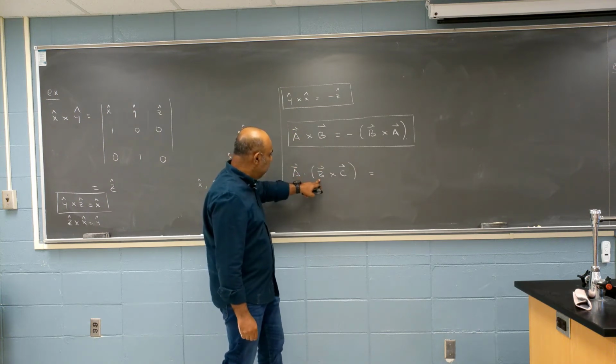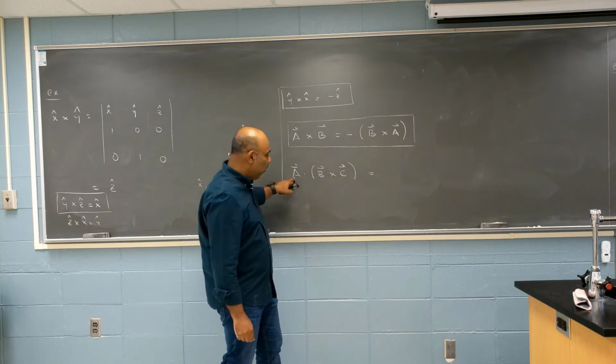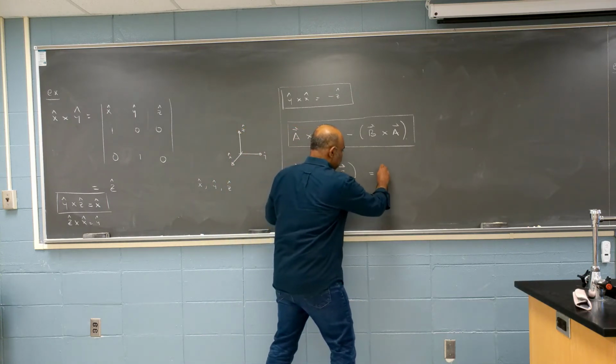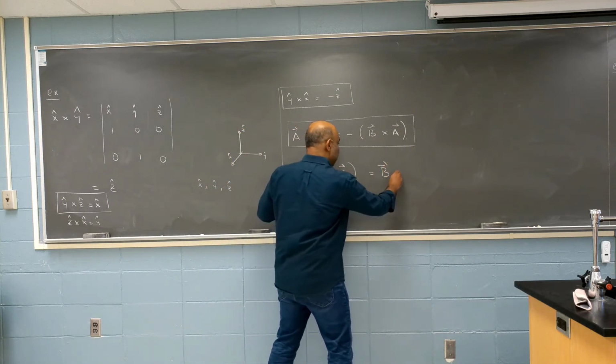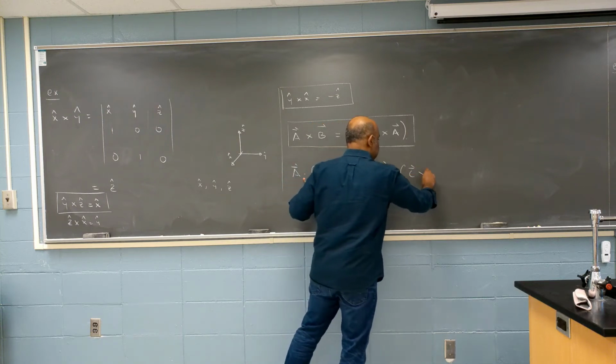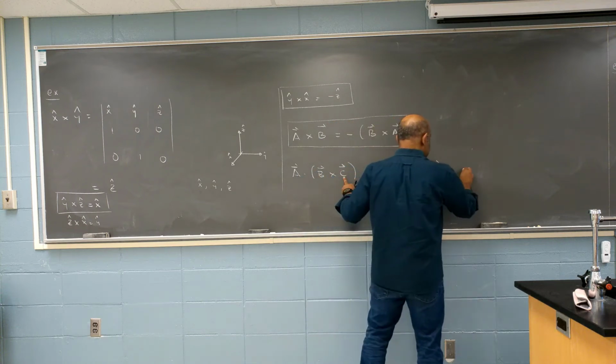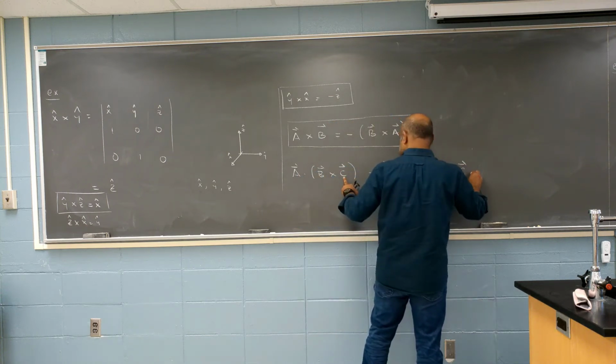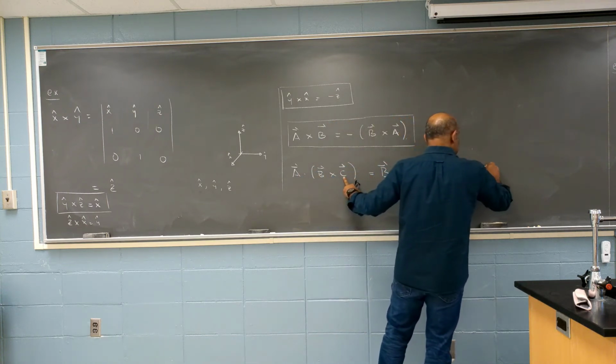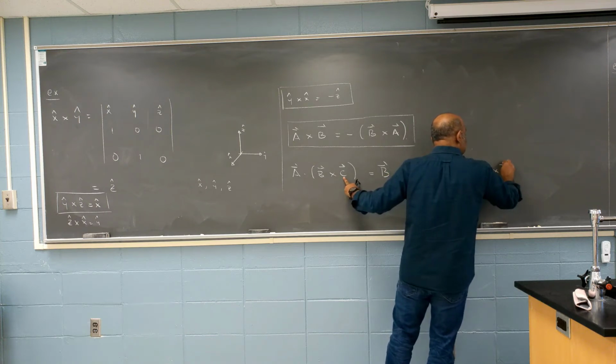Start with B, and then go to C, and then go to A. What do I mean by that? B, and then you put dot product, C cross. You can do it one more time. C dot A cross B.